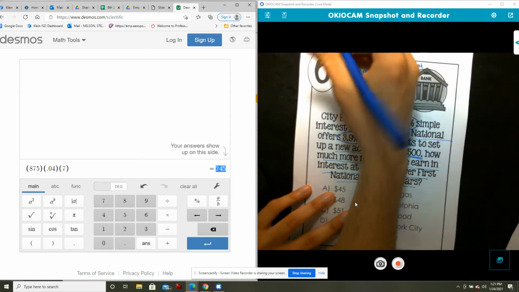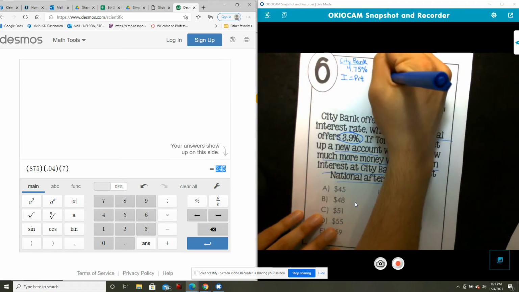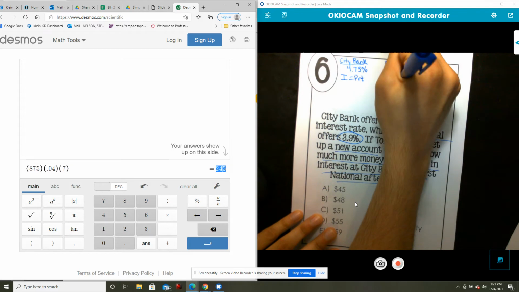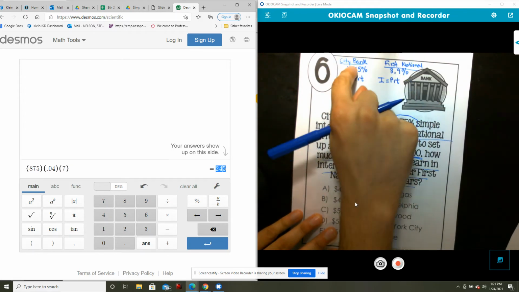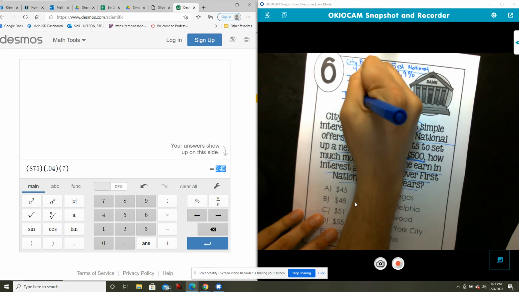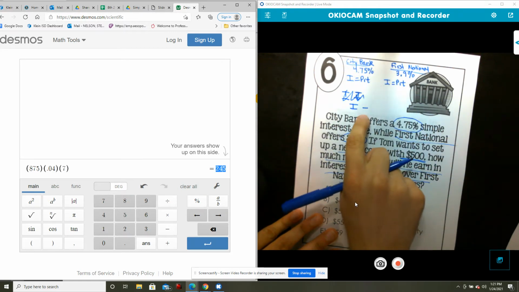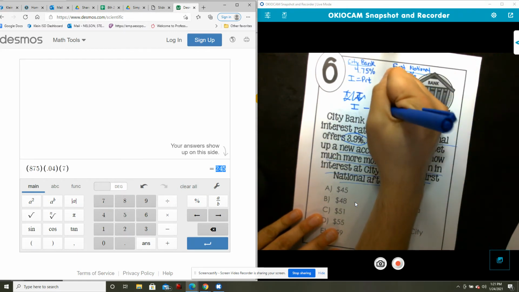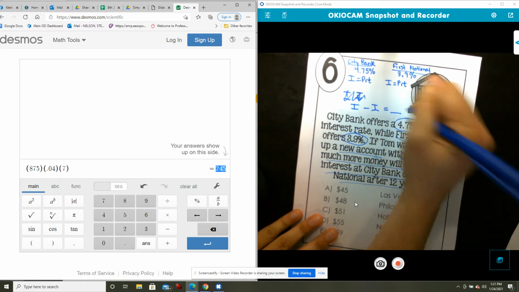So we need to find I equals PRT for Citibank and I equals PRT for First National Bank. Then take the interest from Citibank minus the interest that you get from First National, and that's going to be the difference. That'll be your answer.